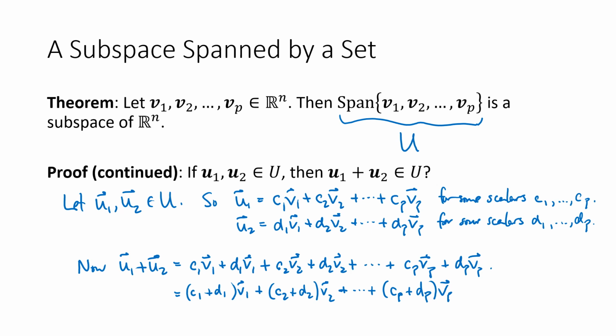Because it's a scalar multiplied by V1, scalar multiplied by V2, scalar multiplied by VP. That's what it means to be a linear combination. It means you've got a scalar multiplied by each vector, and then you add the results together. So that is in the span of V1, V2, up through VP. Check. Okay, so it's a little bit alphabet soupy here, but hopefully that made some sense.